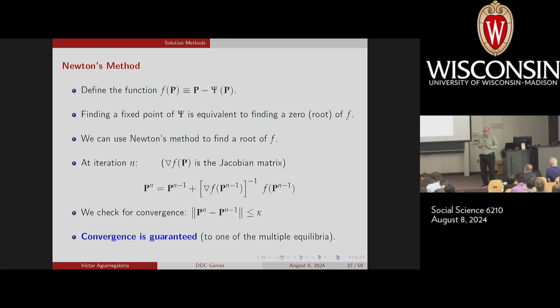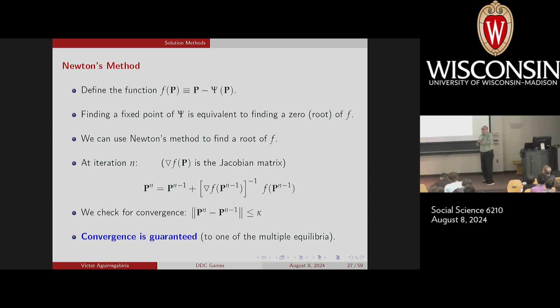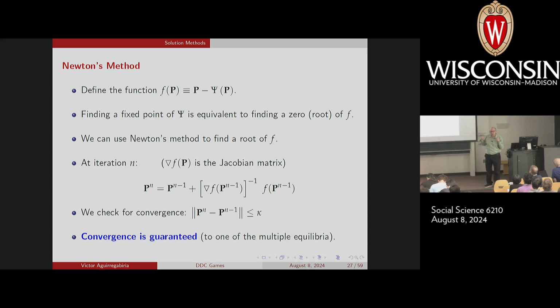To get this derivative, we need to solve repeatedly many dynamic programming problems, and we need to do this for every possible player, action, and state. Calculating this Jacobian matrix is an extremely complex object, and we do not have closed form expressions for it, of course.